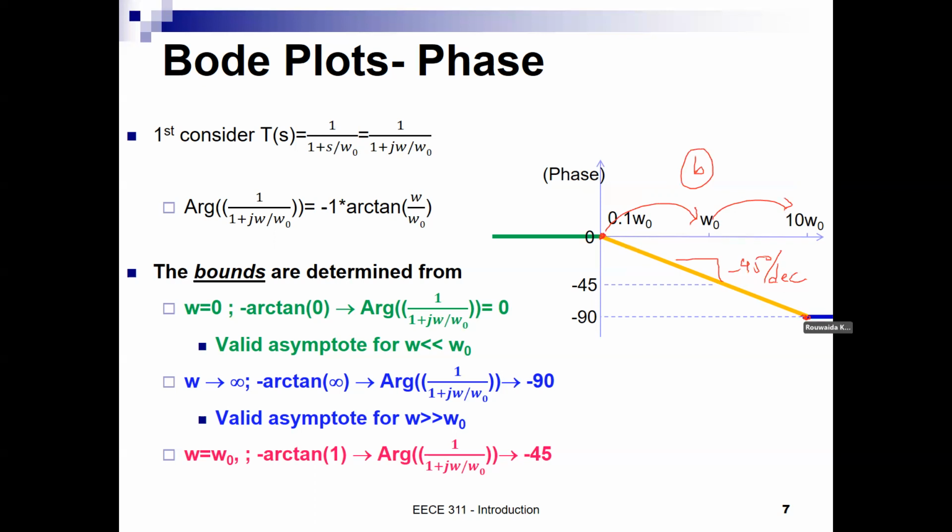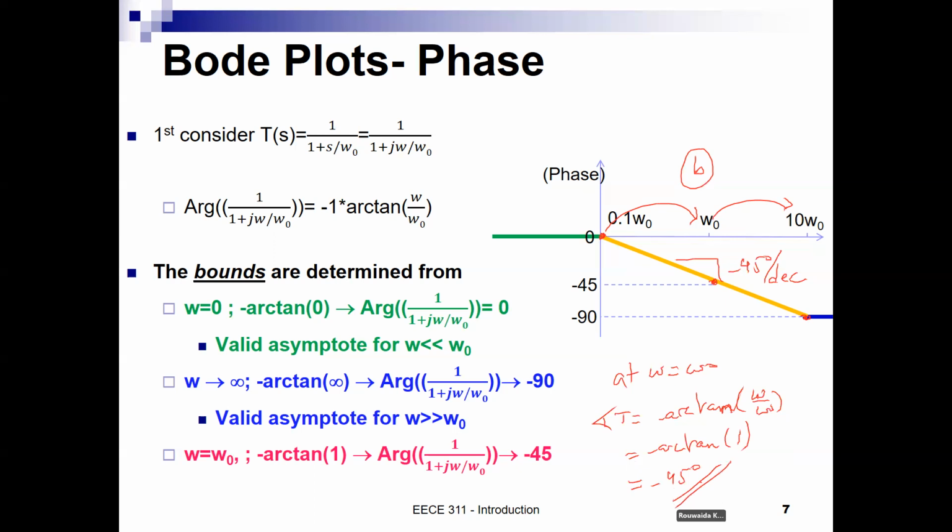But we also know that this satisfies my requirement that at omega equal to omega 0, the angle of T equals minus arctangent of omega over omega 0, which is equal to minus arctangent of 1, which is minus 45 degrees.